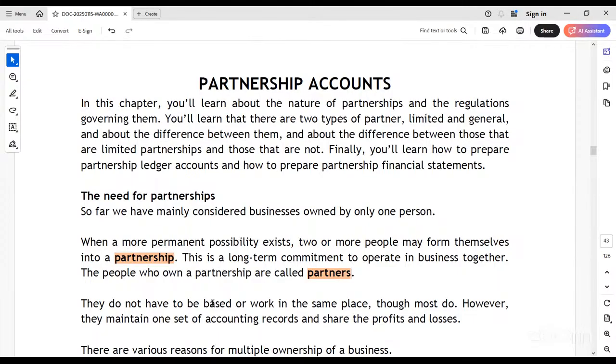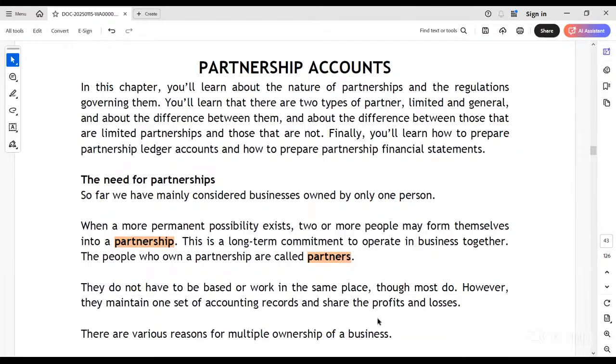I can be here in Uganda, you can be where you are, someone can be in Mbarara, someone can be in Juba. But we start up our business with the aim of making profits, though we are in different areas. However, they maintain one set of accounting records, and they share profits and losses according to their agreement.